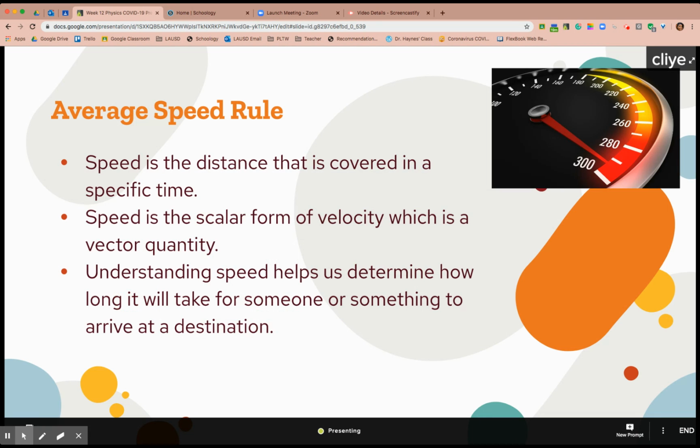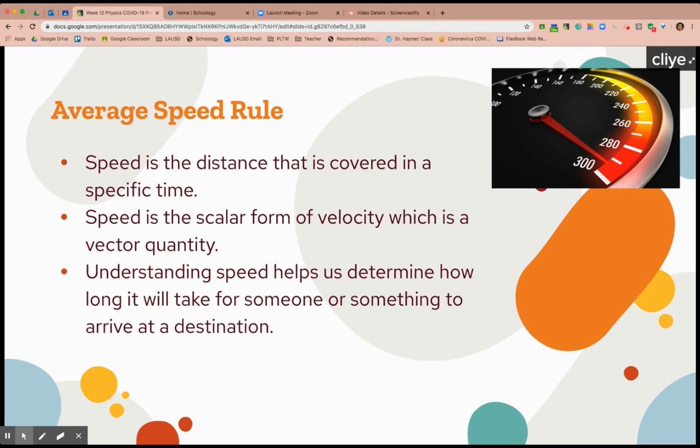All right. So in positive physics, what we're learning about is this average speed rule. So we know speed, like we watch the movies like Fast and the Furious and such, and we know that when you're going super fast, you have a high speed. And speed is actually the distance that is covered in a specific time.